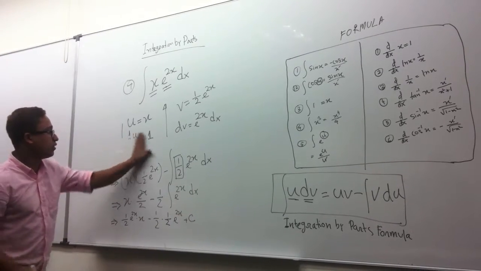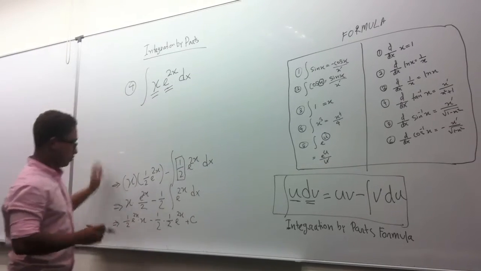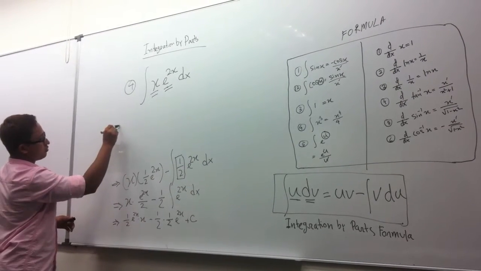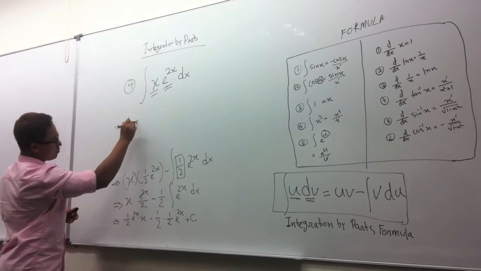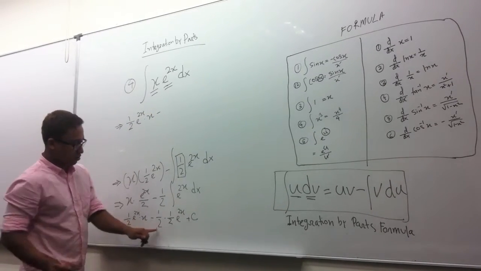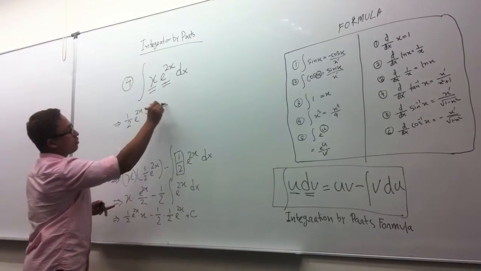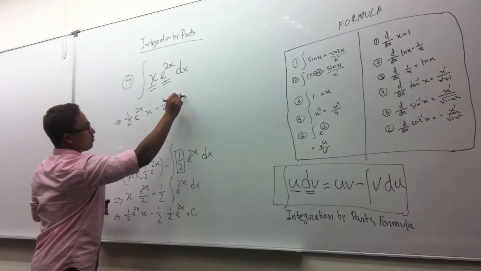So I'm going to be erasing this part. Okay. Half e to the power 2x times x, minus, 2 times 2 is 4, so 1 over 4 e to the power 2x plus c.